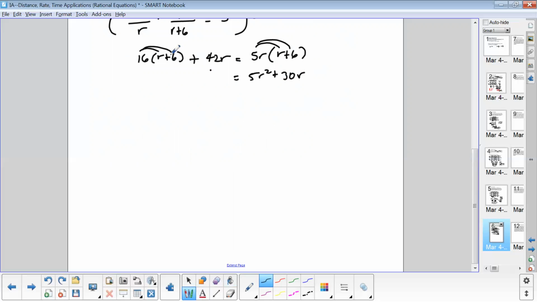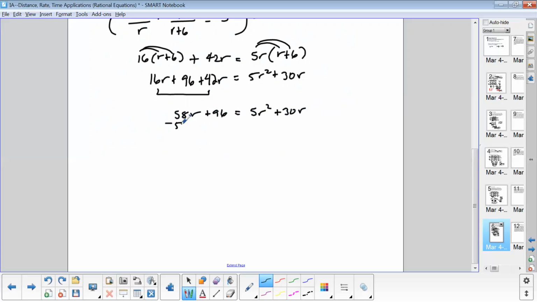And I'm going to get 16R plus 96. Excuse me, that's not an R, so it'd be 96 plus 42R. So these would combine and give me 58R plus 96 is equal to 5R squared plus 30R.